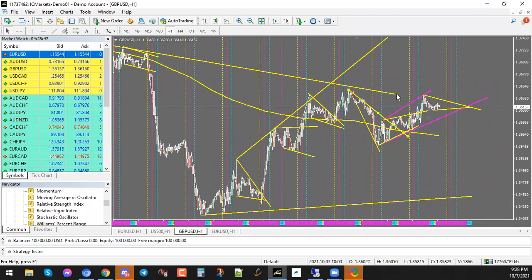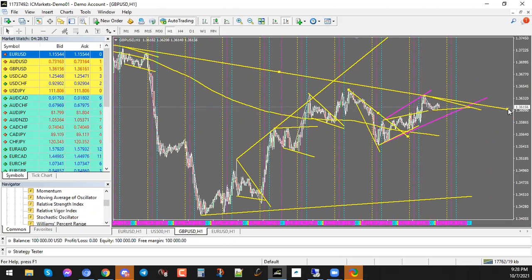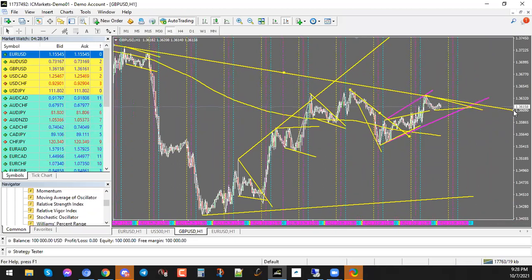And look at how the price is basically respecting the trend. See how it's respecting the trend? And this is one of the reasons why I expect that we could see price start to go to the downside as well. Okay. And if it's going to the downside, we could see it move to the downside aggressively as well. All right. So that's one that you can look out for.